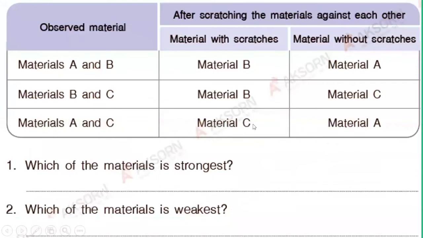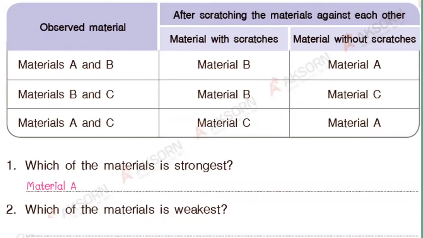Now it is time to answer the questions. Very easy for you now after we studied our table. Which of the materials is strongest? Everybody knows that material A is the strongest. Open your work textbook on page 158 and answer the first question.